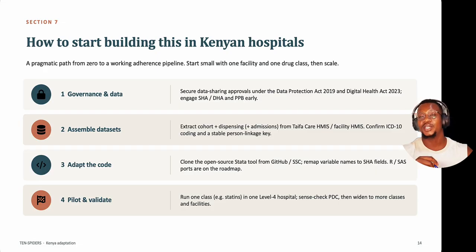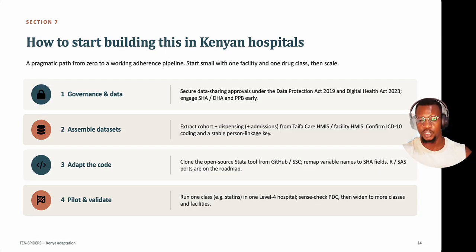Thank God, our data is ODPC approved, but that's something you'll have to at least check first. Assemble the three data sets that we looked at, okay? Extract the cohort, the dispensing, and admissions data from Taifa Care or the HMIS that we'll be using. Then confirm that ICD-10 coding was followed and have a stable person linkage key.